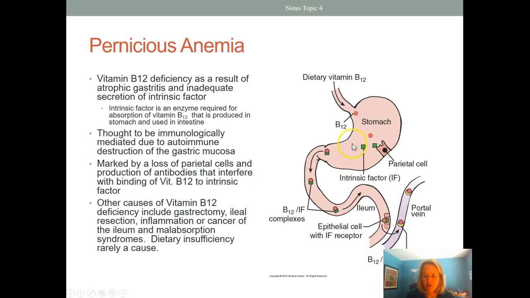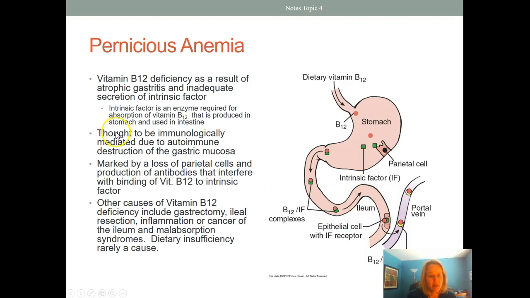In the stomach, intrinsic factor binds to vitamin B12 and protects it, and allows vitamin B12 to be absorbed in the ileum. So in order to get proper absorption of B12, we have to have it complexed with intrinsic factor.